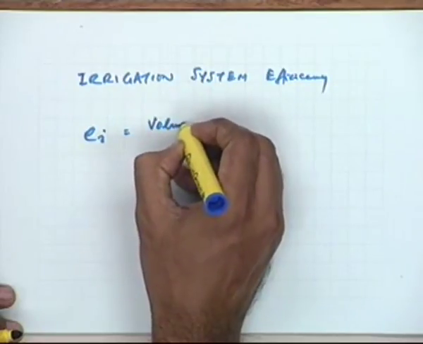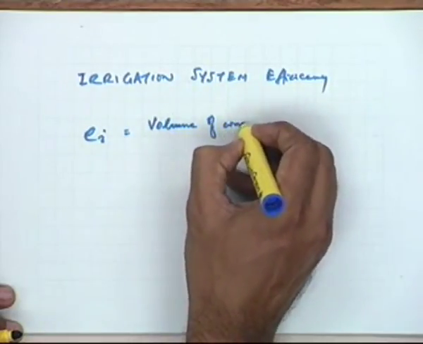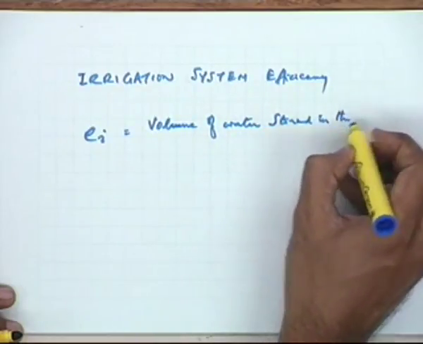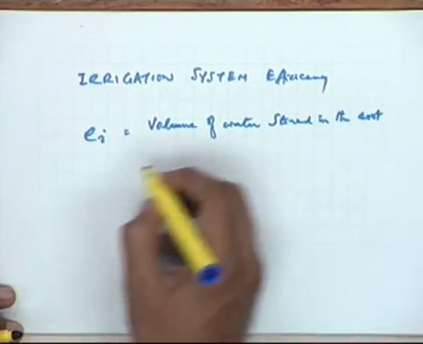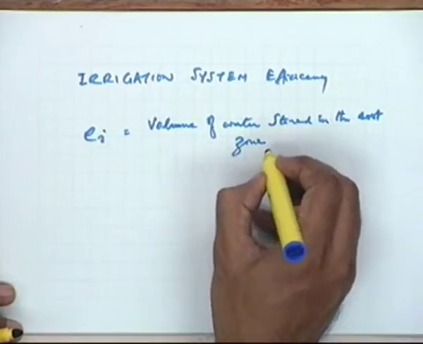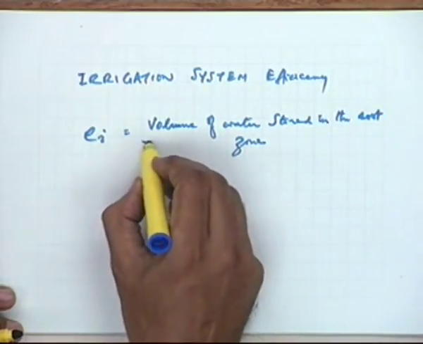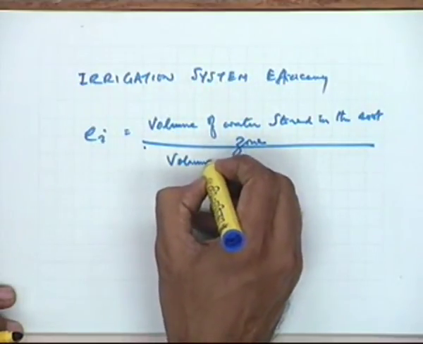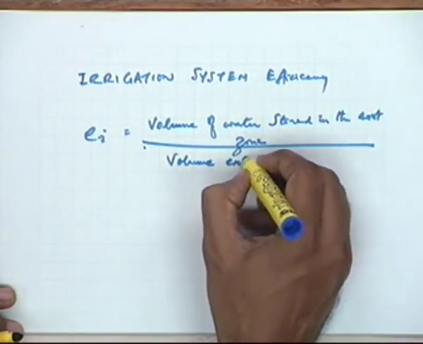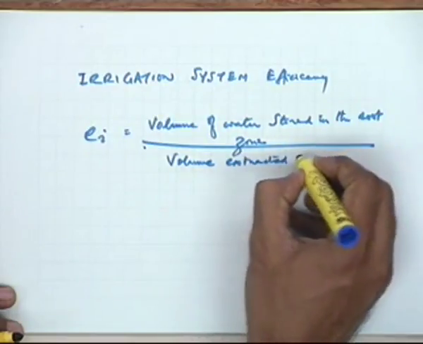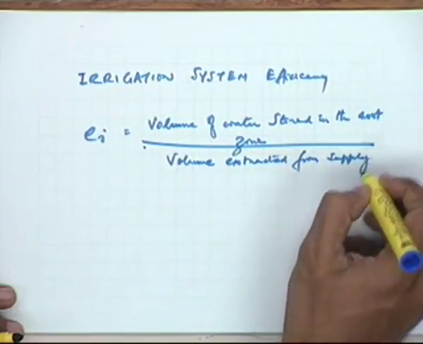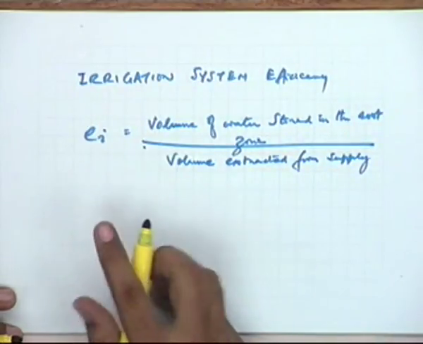which is the volume of water stored in the root zone, which is your ultimate aim, to the volume extracted from the supply or the source.